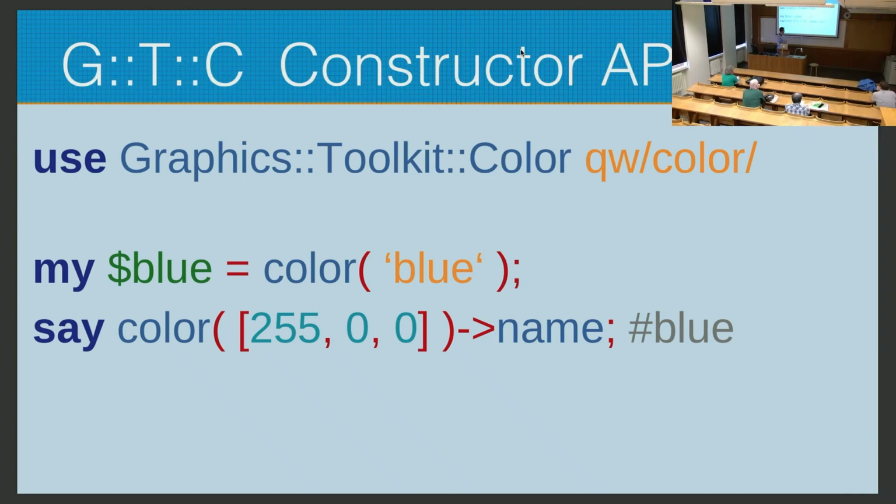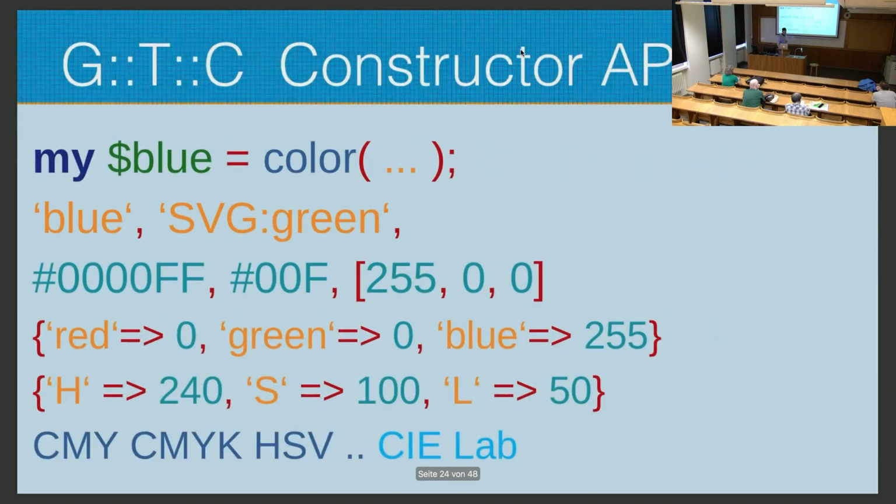And there are many ways to use the constructor. Of course, it also takes the hex format known from the web, or any supported space like HSL. CIELAB will come, I hope, this month. The latest additions were CMY, CMYK, and HSV color spaces. And like the feature I just mentioned, you can also use the name with a colon.